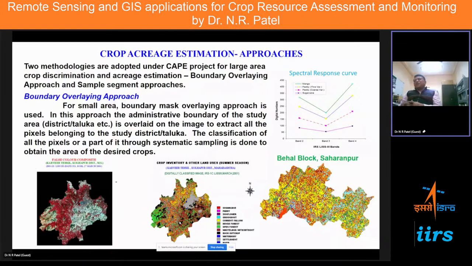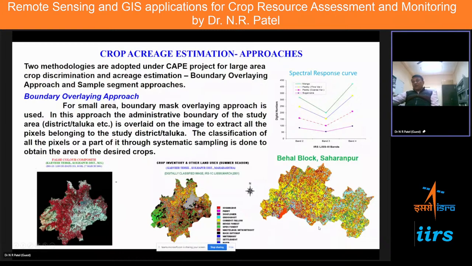So it is based on the maximum likelihood probability of being a member of a particular information class. Now you see here four crops are classified based on this boundary overlaying approach and the MXL classifier.